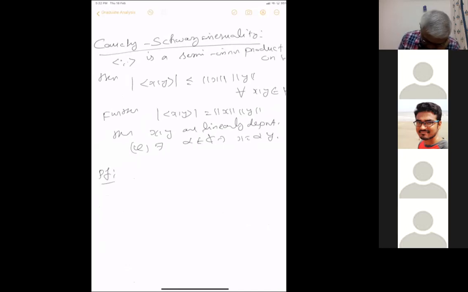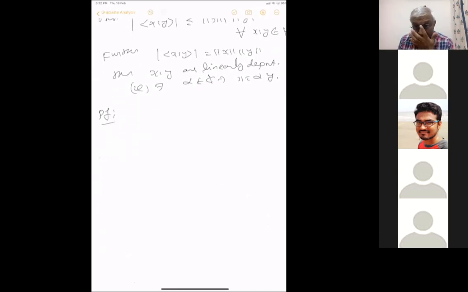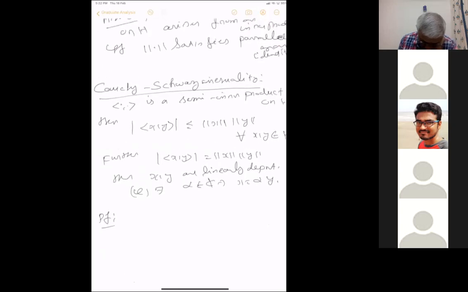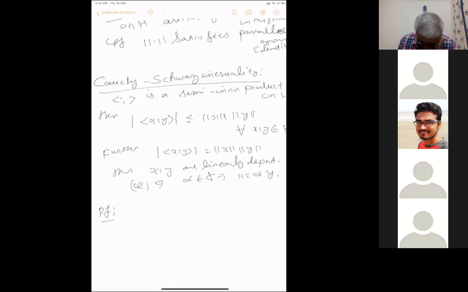So we want to prove the Cauchy-Schwarz inequality. How do we prove that? We want to use the positivity condition. For the other way, I think it needs to be an inner product.